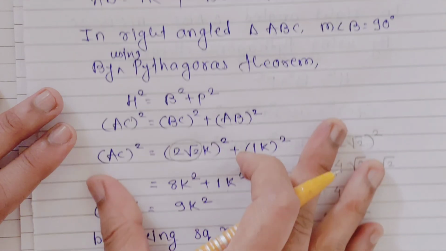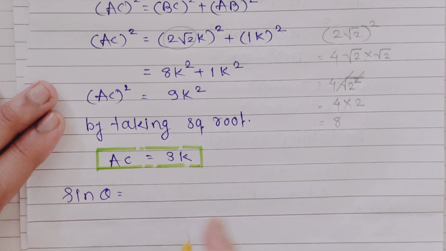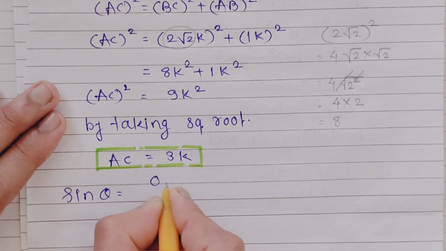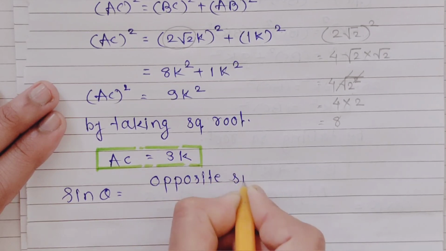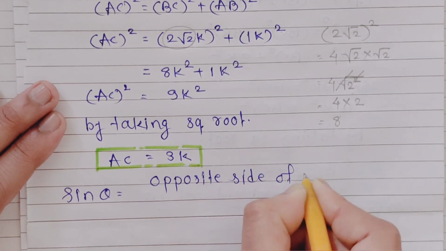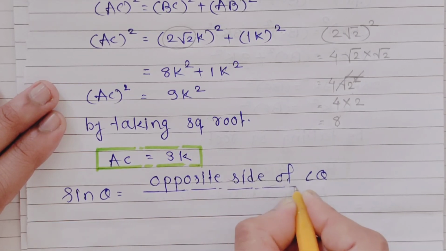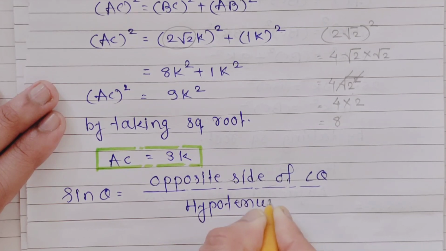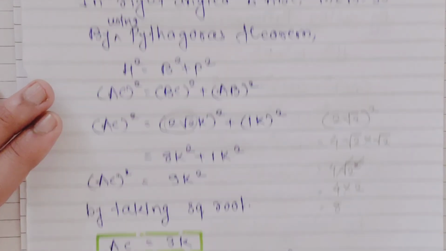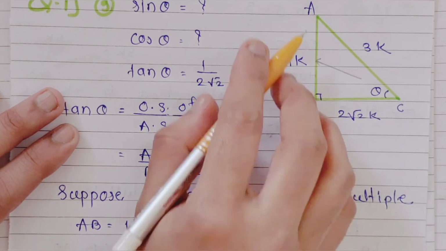Then we have to find sin theta. First one, sin theta. We know the ratio: sin theta is equal to opposite side upon hypotenuse, opposite side of angle theta upon hypotenuse. So the opposite side for angle theta, see the figure, is nothing but AB, upon hypotenuse, that means AC.